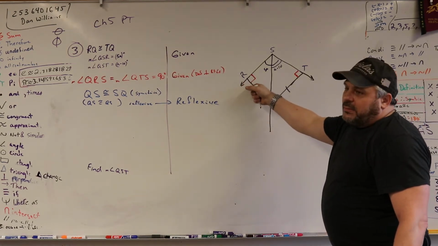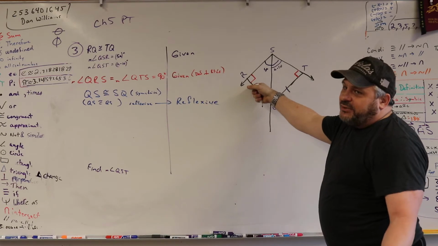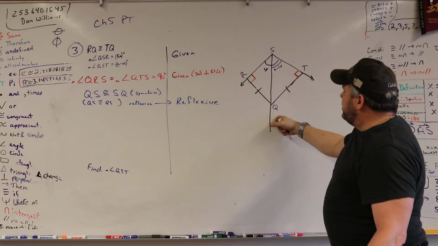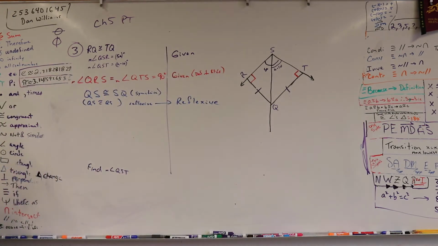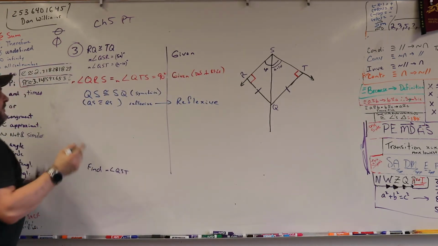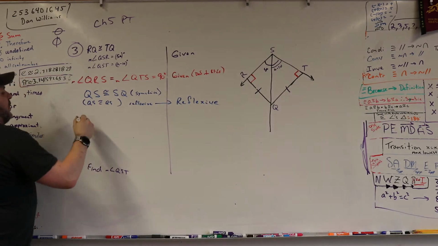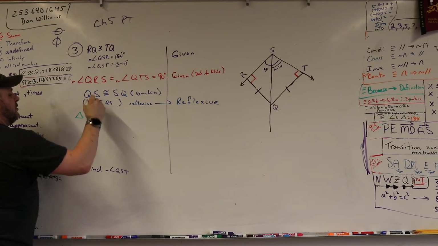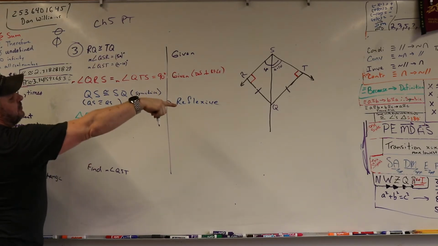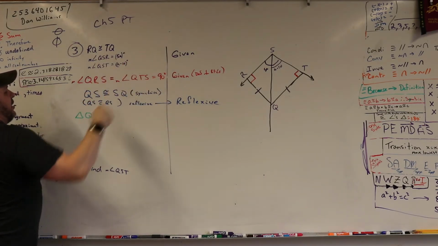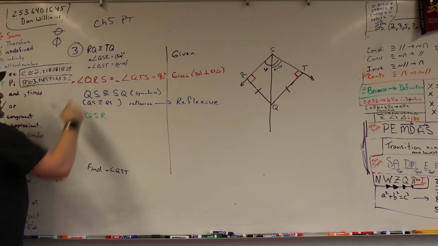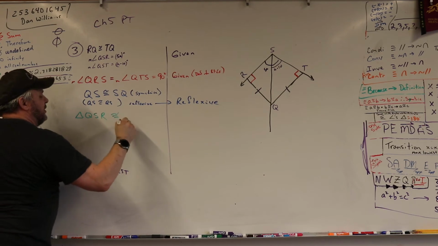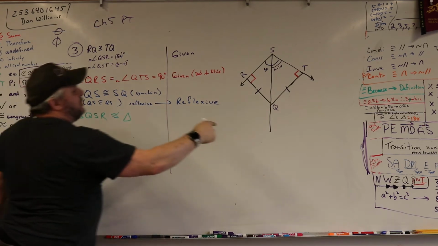From this one, which is the 90-degree part, to this one, to this one. Okay? So sorry, and I'll try to finish this on the video. We're going to start with triangle QSR. Let's do that. And then that way we're using this QS, right? Is congruent to triangle QST.